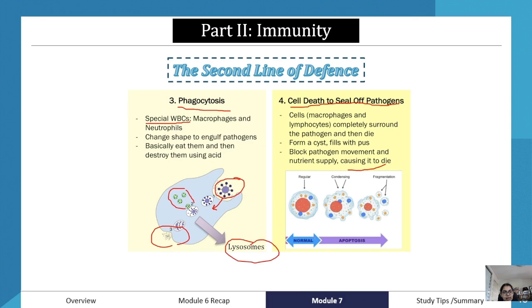As you can see here, this is a regular cell, but now it's condensing. Once they've completely surrounded the pathogen and it is filled with pus, it's forming a cyst, and through that it is killed, and it leaves these fragments here. So this is apoptosis right there.